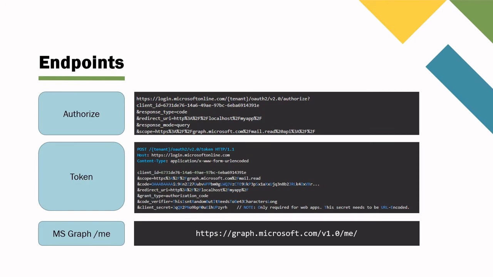Let's now look at the three REST endpoints involved in the flow that we saw earlier in more detail. The first endpoint is the Azure AD authorized endpoint.